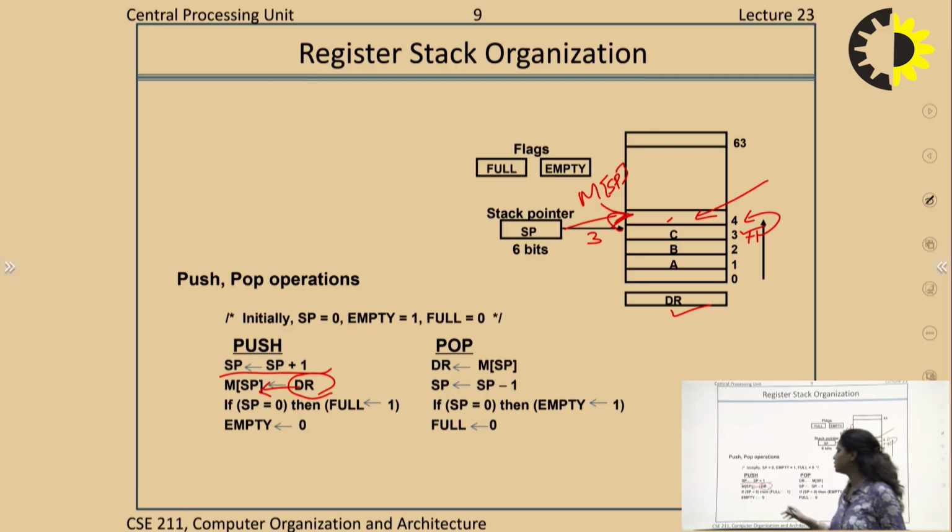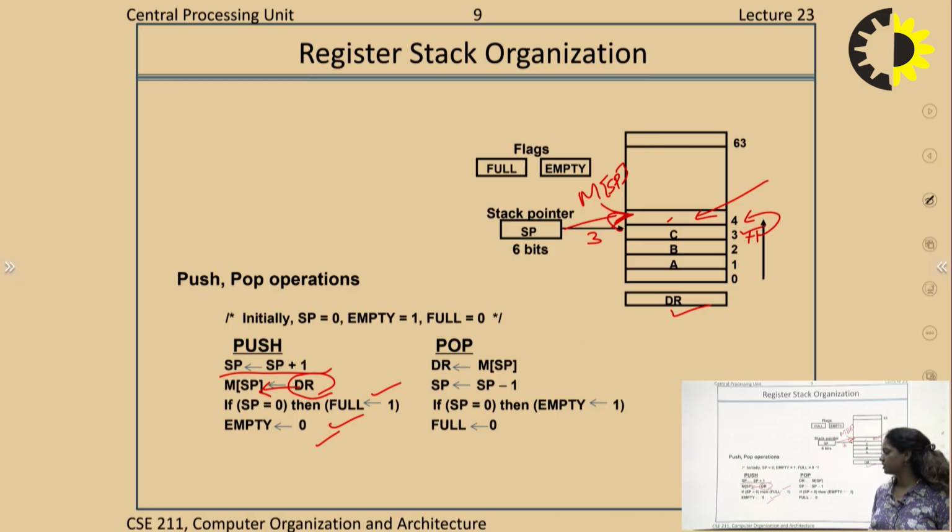After that, we look at this condition: after insertion, whether the stack pointer is 0 or not. If it is, then this operation will not be possible, and you have to change this also. If SP equals 0, then full equals 1, meaning there is no place to push a new element.